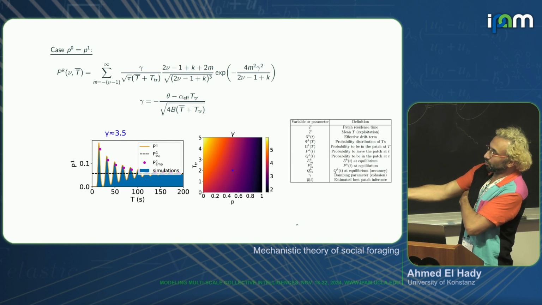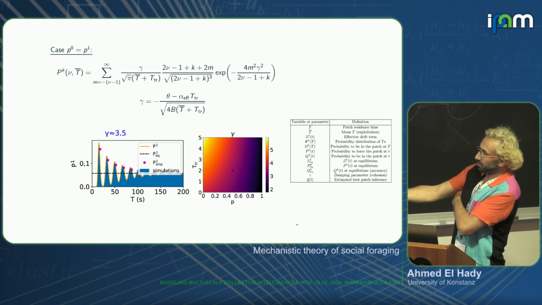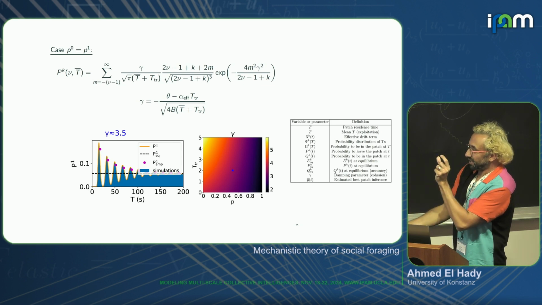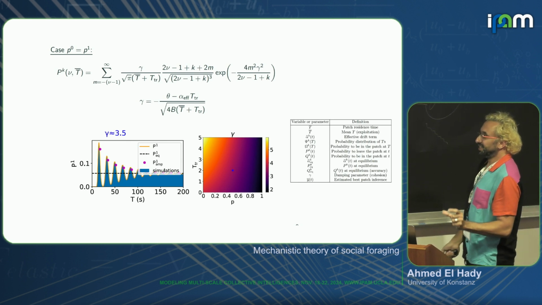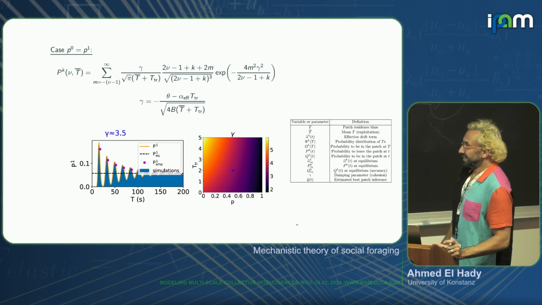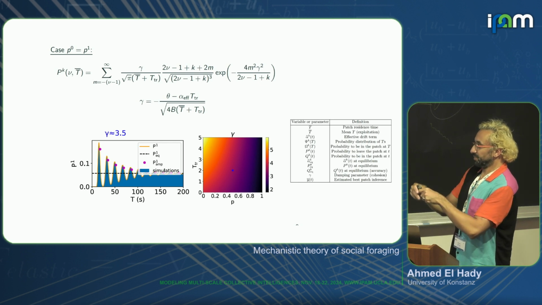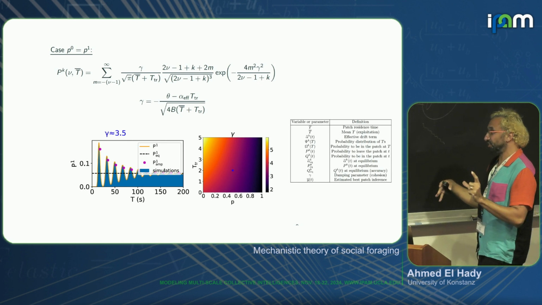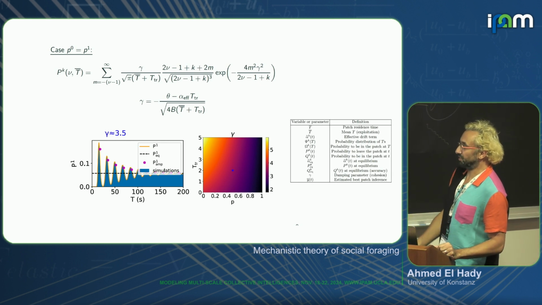So we can compute something called the damping parameter, which is this parameter here. The smaller this parameter is, the faster the oscillations are decaying.